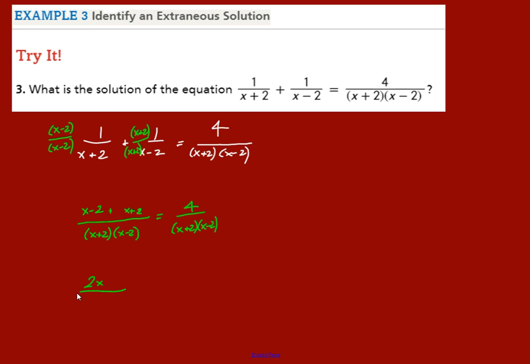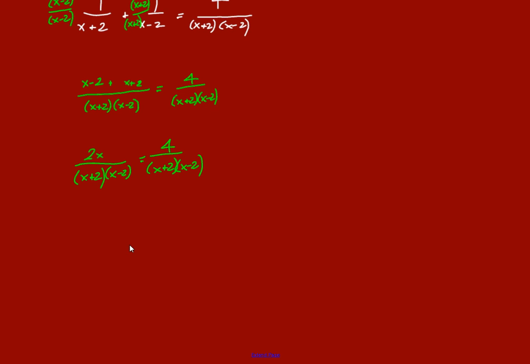So this is just 2x over x plus 2, x minus 2, equals 4 over that same denominator. And now I can cross multiply, and I'm actually not going to distribute. You'll see. I'm going to say 2x times x plus 2, x minus 2, equals 4 times x plus 2, x minus 2.